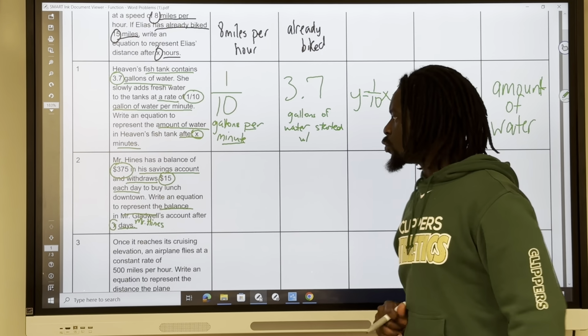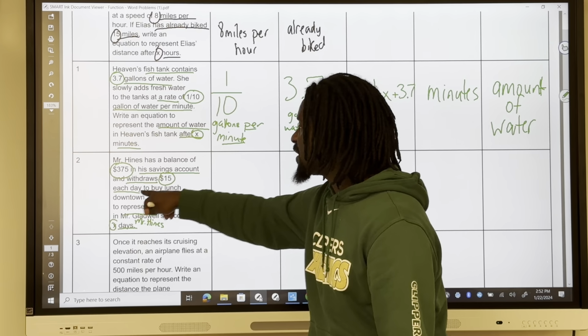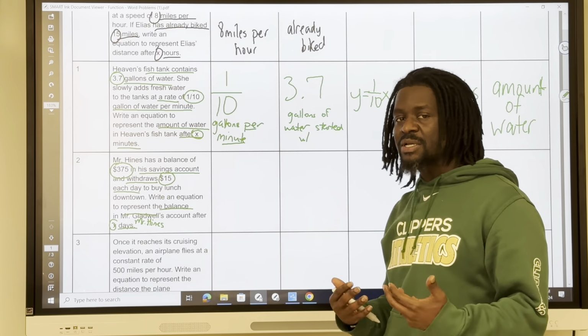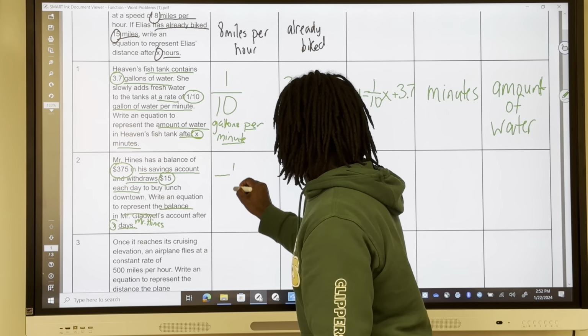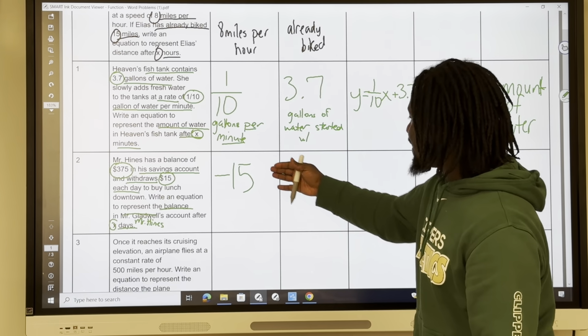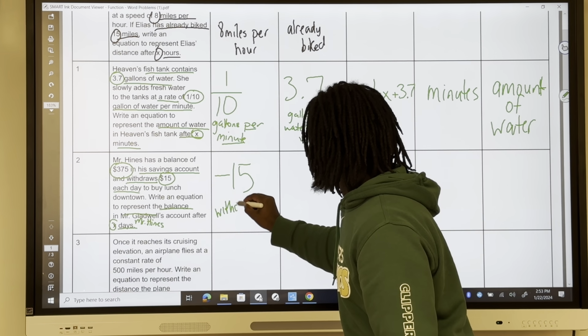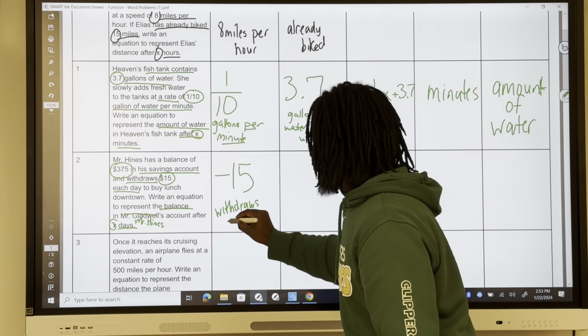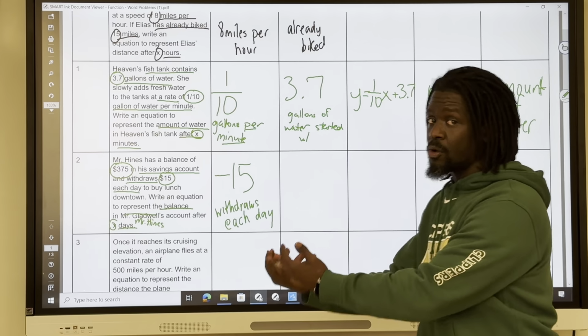So the rate that this is changing is that he is withdrawing $15 each day. So if every day he's withdrawing from his account, that is going to be a negative because he's taking that amount out, okay? Withdrawals each day, okay?